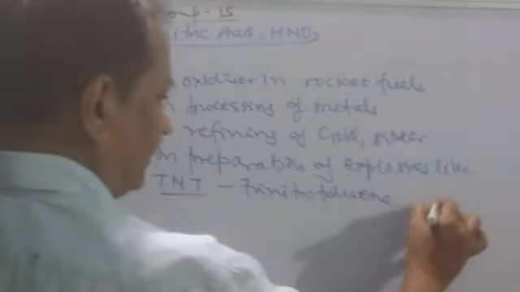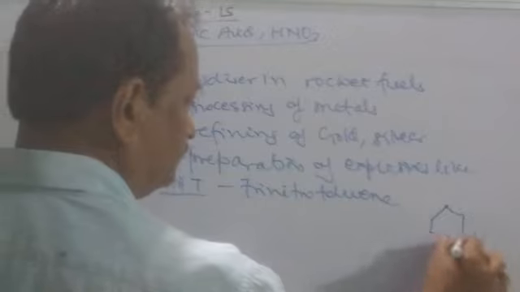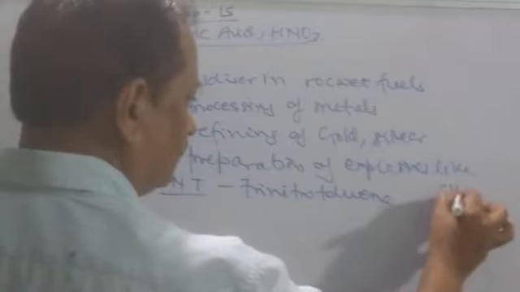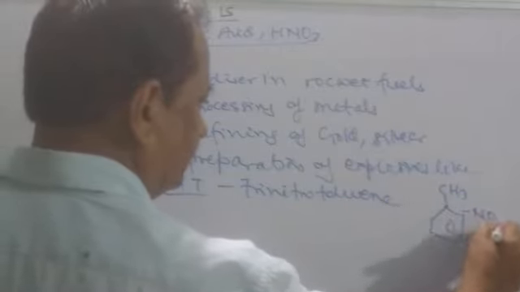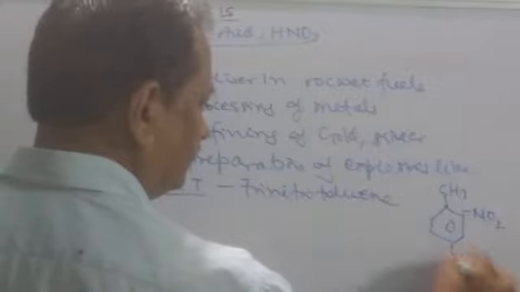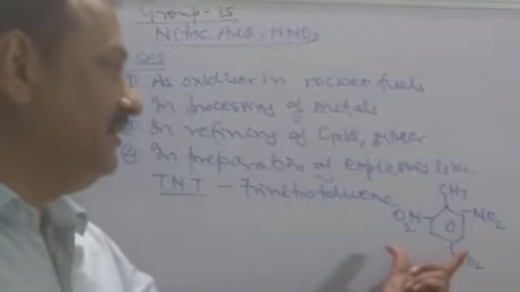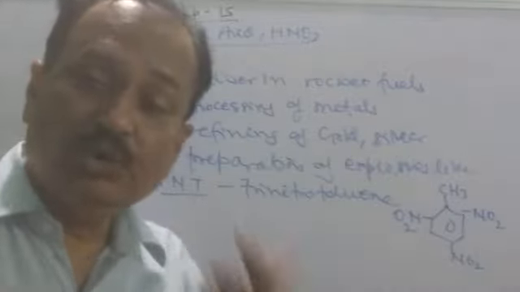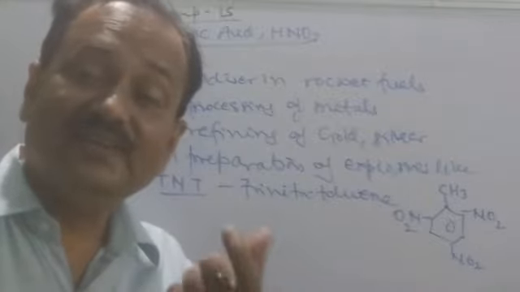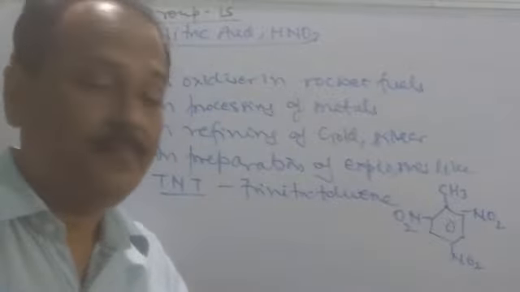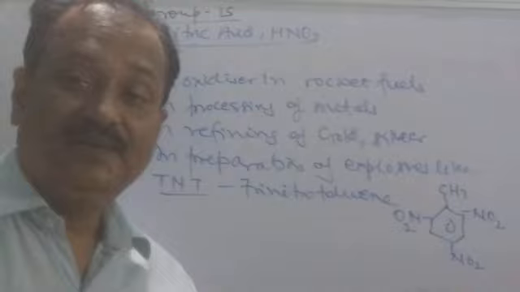Toluene, this is toluene, and there is the NO2. This is explosive, dynamite, TNT. This TNT is absorbed on Kieselguhr earth. Kieselguhr earth is a special type of soil. So it is dynamite.